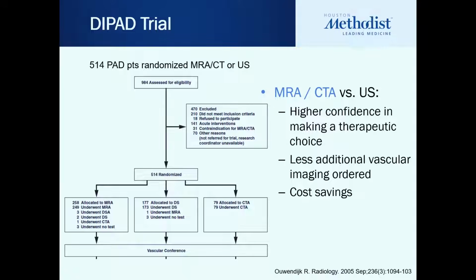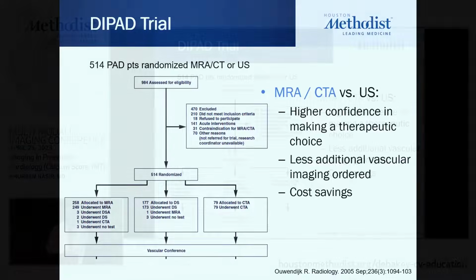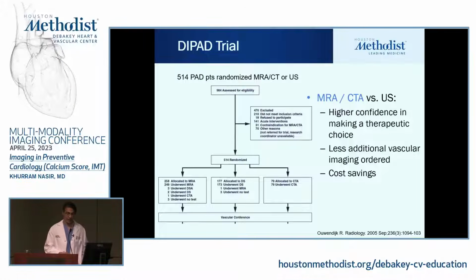Just the highlights of this study: they found that in the arm of MR and CT, the proceduralists had higher confidence in making therapeutic decisions. They ordered fewer tests, and in the long run, this proved to be cost savings as well. So you really do get a lot of very valuable information that can save costs and help your proceduralist when you're using some of these 3D techniques.